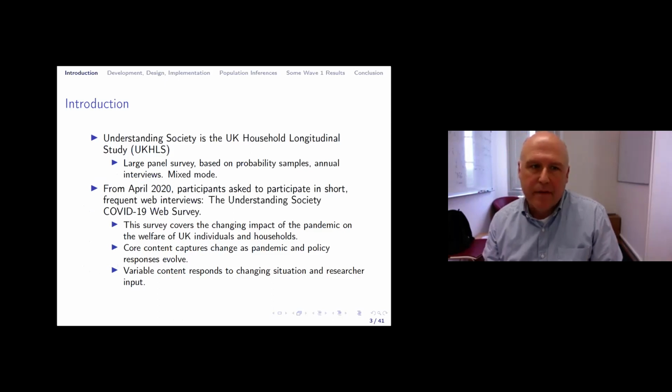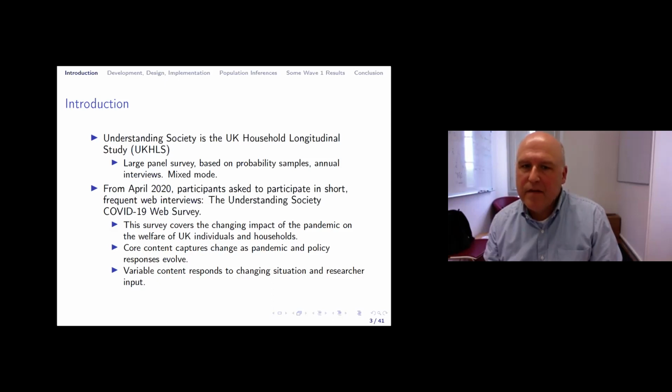Okay, so Understanding Society, for those of you who don't know, is the UK household longitudinal study. It's a large panel survey. It's one of the largest in the world. It's the sister survey to things like the Panel Study of Income Dynamics in the US, or the Socio-Economic Panel in Germany. It was based initially on probability samples of the UK population. It attempts to interview study participants annually.